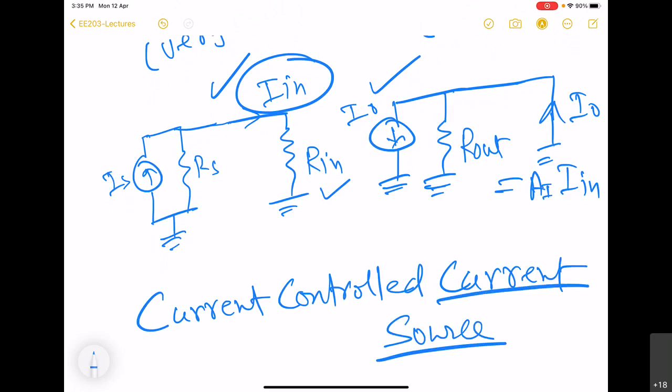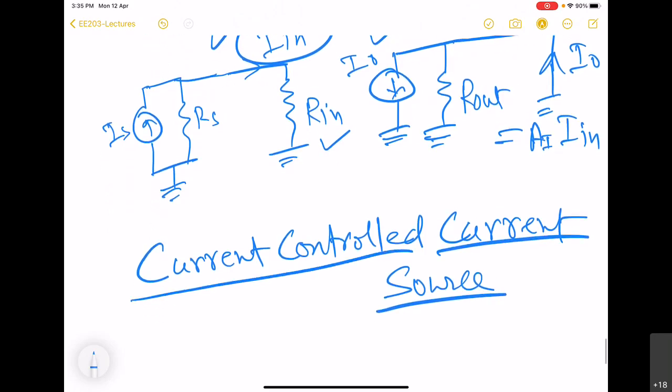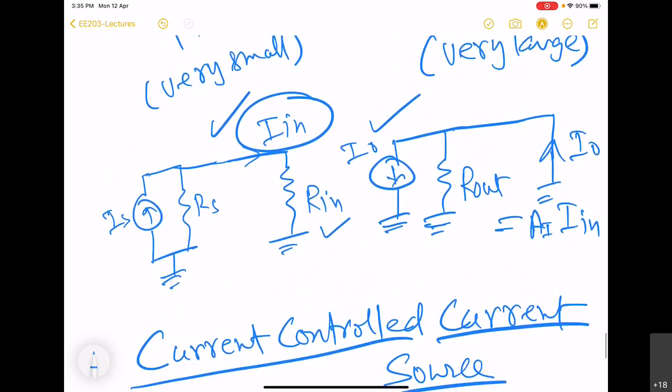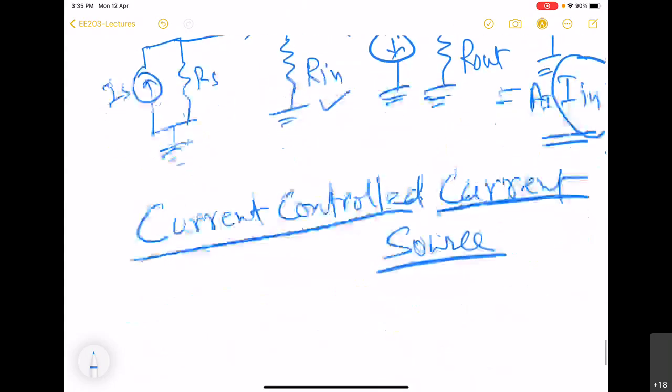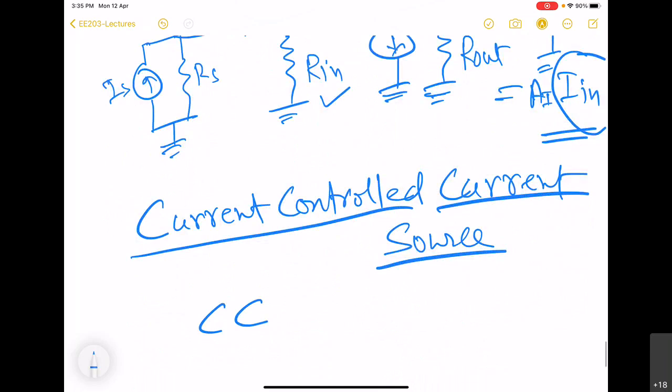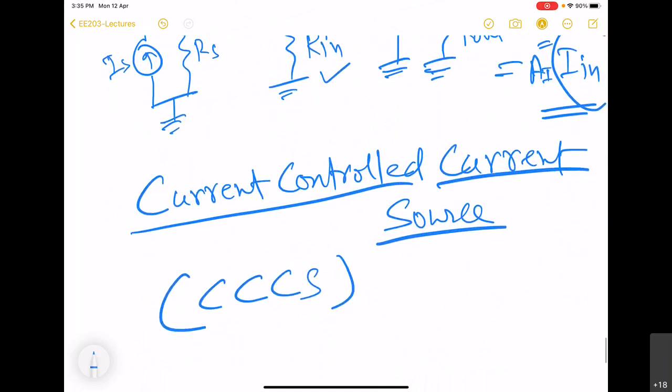So it is fundamentally a current source, but its value is getting controlled by an input current here. So this is CCCS. So this was the fourth class of amplifier.